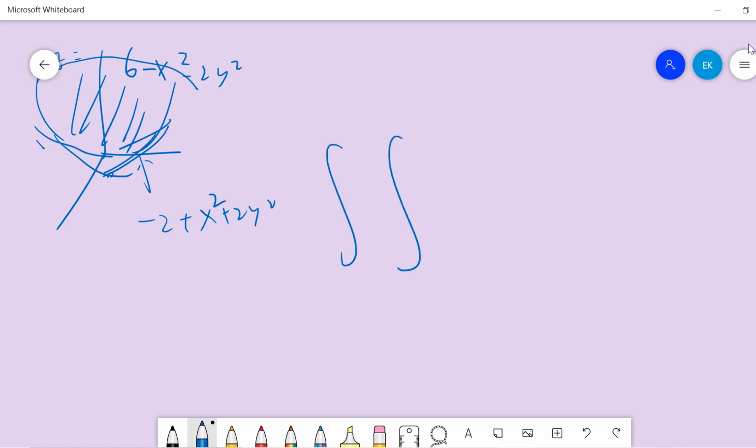So calculus tells us that this is the volume, right? And z is bounded by this one, and that is the lower bound.